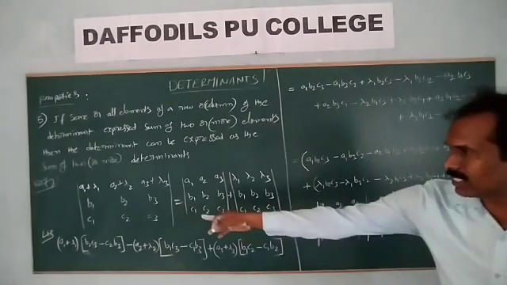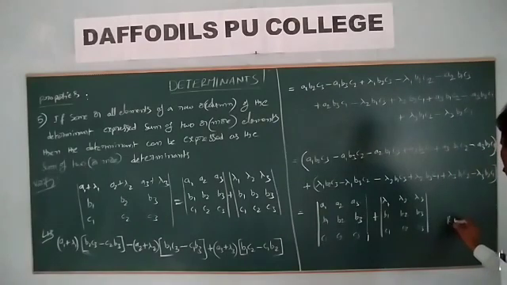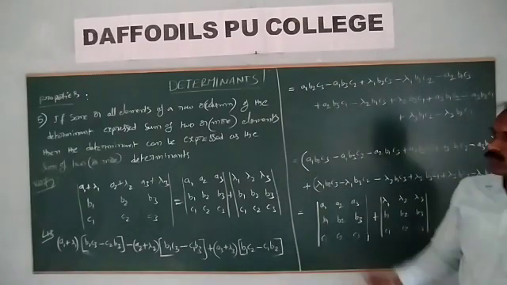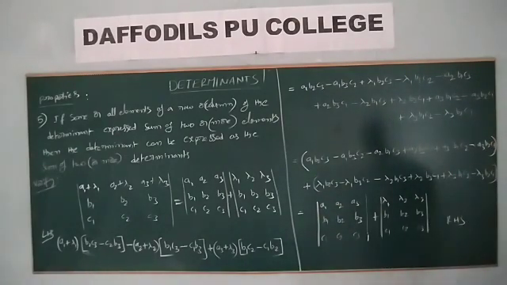Take LHS, we will prove RHS. So this is the fifth property.